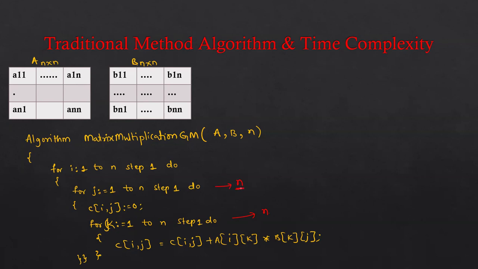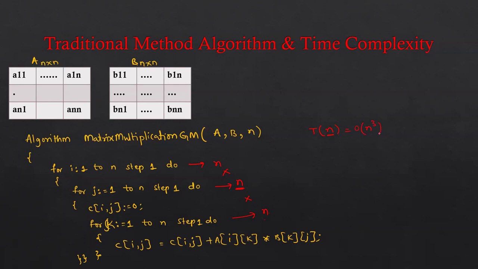For each value of i, j is iterated n times, and for each j value, k is iterated n times. So this evaluation is equal to n into n into n. So the time complexity T of an n by n matrix is n cube.